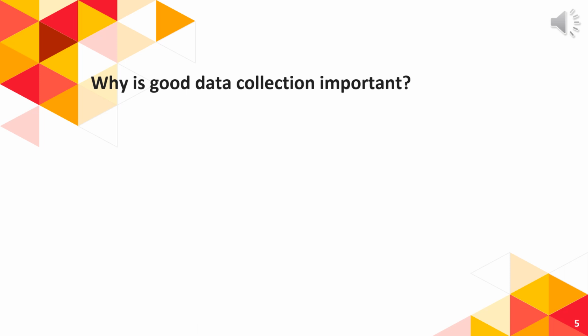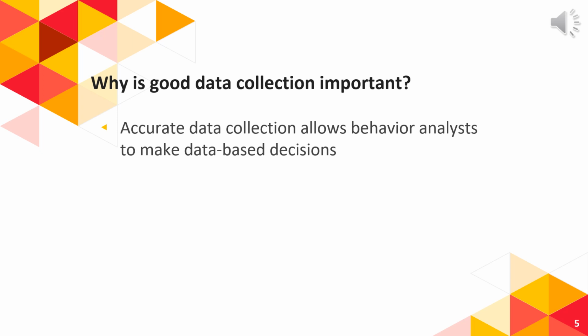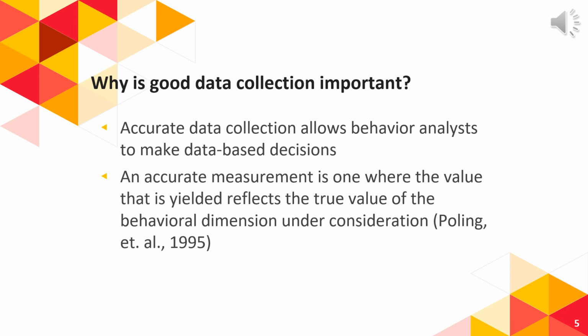So why is good data collection important? Accurate data collection allows behavior analysts to make those data-based decisions. So what do we mean by accurate? An accurate measurement is one where the value that is yielded reflects the true value of the behavioral dimension under consideration.